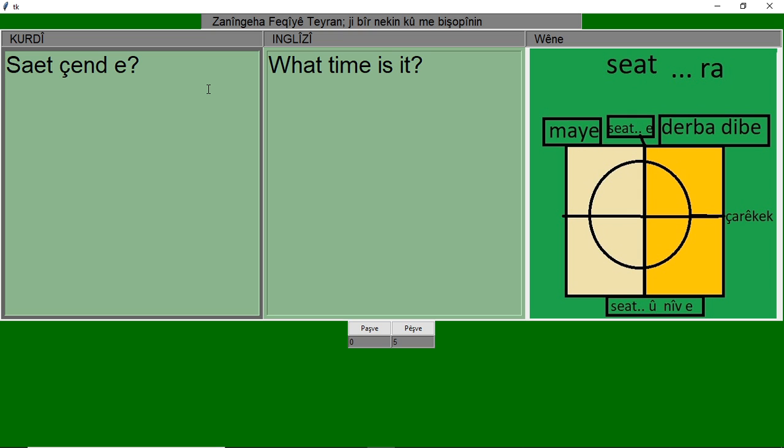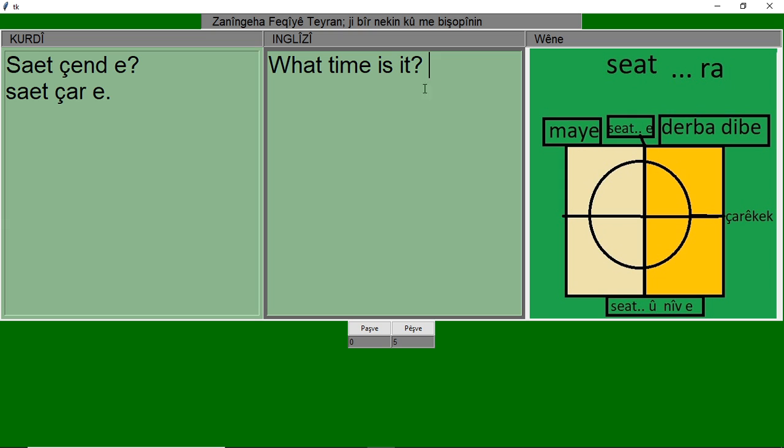Okay, first I will start with just the hour. Saat çare. I will even write this like this. Saat çare. Çare means 4. So what I say is it is 4 o'clock.